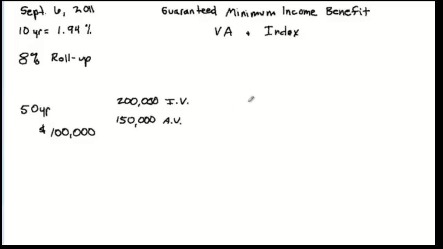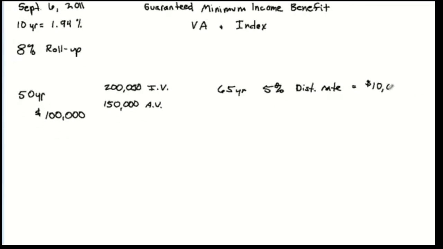So here they are at 65 years old, 15 years later. And just so you know, for a 65-year-old today, a 5% distribution rate is a fair rate. Most all the insurance companies have that. So what's 5% of 200,000? Well, that equals $10,000.